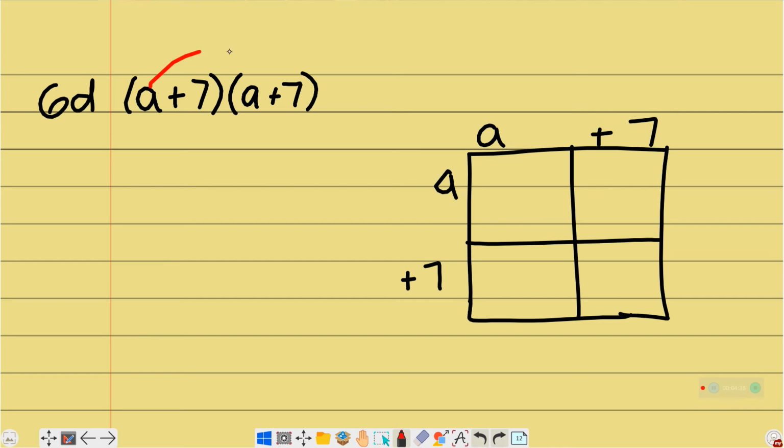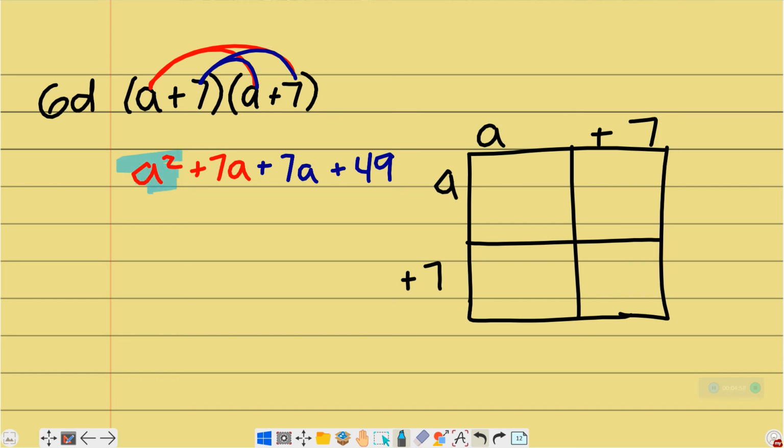Okay, a times a is a squared. A times 7 is 7a. Then we have 7 times a is 7a, and 7 times 7 is 49. This piece has an a squared. This one has an a.